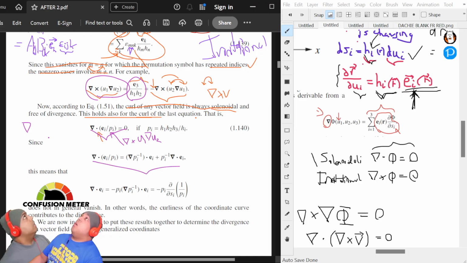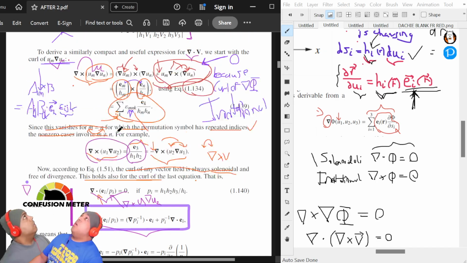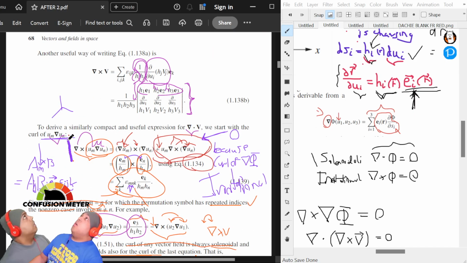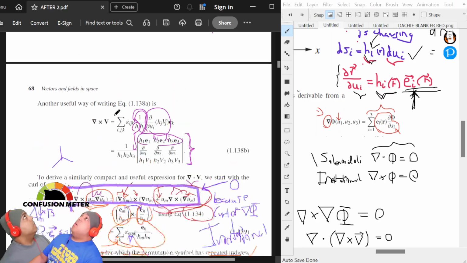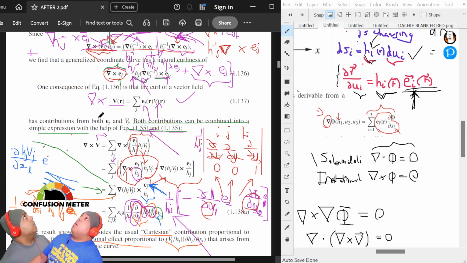But actually this is important, so let me highlight these guys, because this is important in understanding how the curl and divergence of a product behave. This seems important.